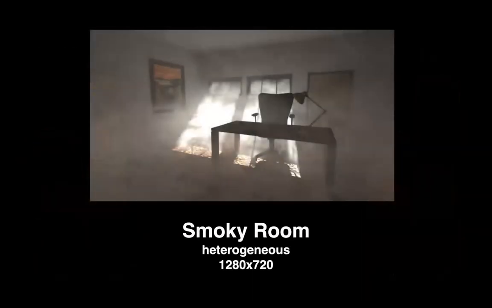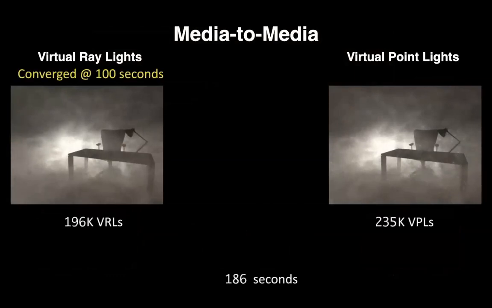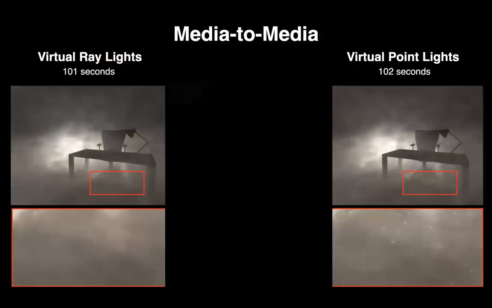There is this nice smoky room, which has a heterogeneous medium. And you can observe that in the VPLs, you have this sparkling effect happening under the table. In the VRLs, things are pretty much the same everywhere. VPLs seem to get rid of these singularities, but they still seem to be there.